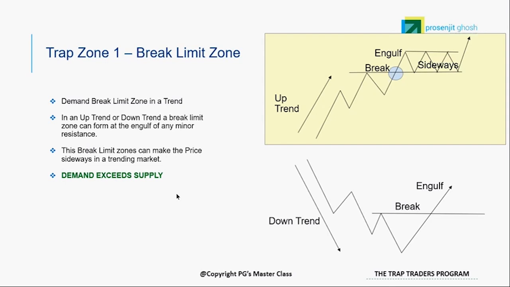At the point of engulf, if a rally base rally gets created and the resistance line is cutting through the base candle, at that time we know a break limit zone gets created and we can take a long trade here. Price will move sideways for a few minutes, then the breakout will happen and price will move up.